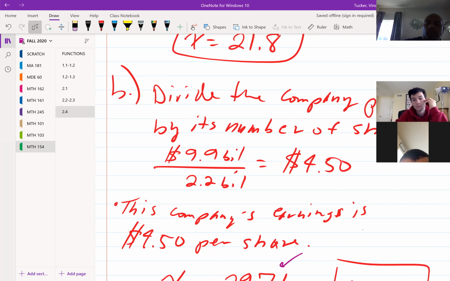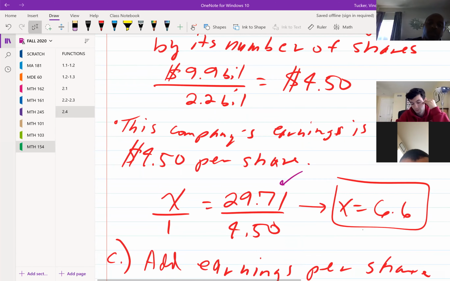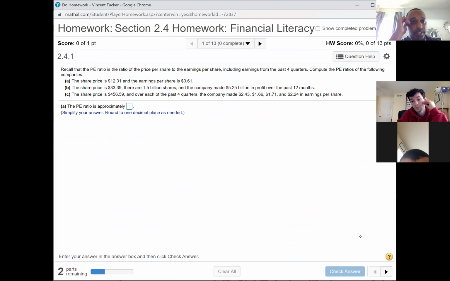All right, so then we can set it up like we did the last one, that X over 1. And that 29.71 came from problem B. So let me see. Yep. Here in B, they gave us 33.39. In my problem, they gave me 29.71.